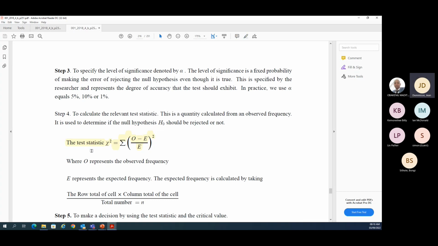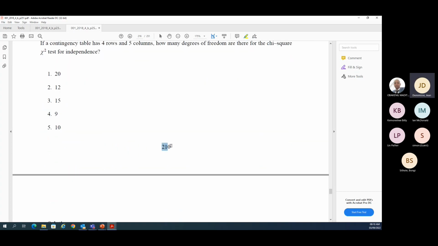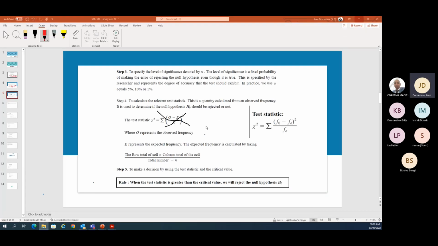Unfortunately, I don't have a real marker to mark that as wrong. That is on page 210 in your extra study guide.